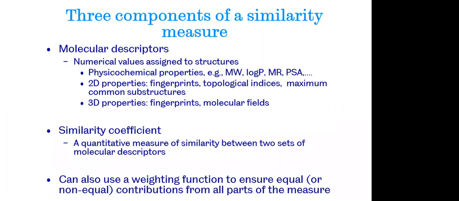And we have one more quantitative measure of the similarity, which is nothing but the similarity coefficient. The similarity coefficient between the molecular descriptors we consider also plays a major role in defining similar compounds.